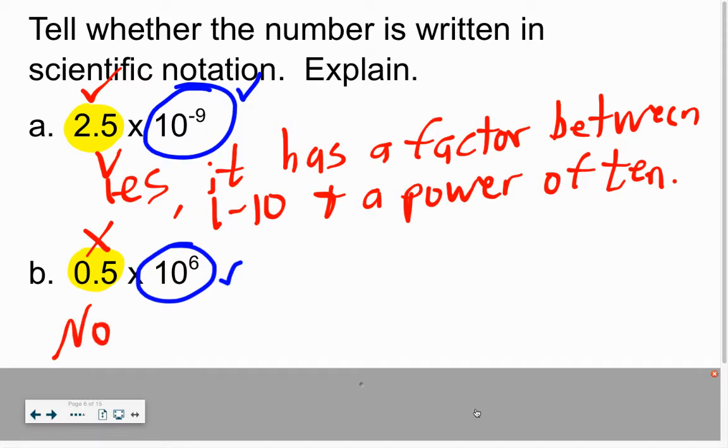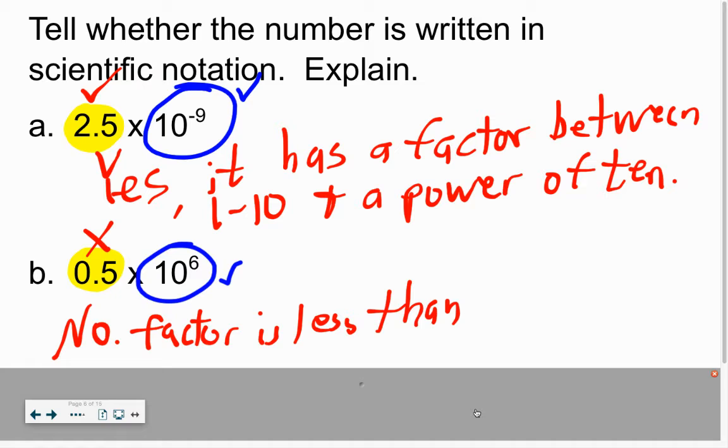You could say that the factor is less than 1. You could say that the factor is not 1 or a number less than 10. You could just say multiple different ways. You just need to explain which one of the two things it did not follow.